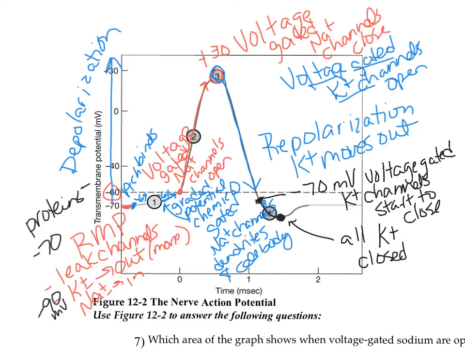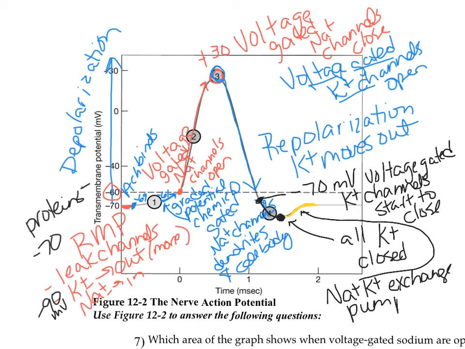Now, though, we see that that charge starts to come back up to resting again. So what causes it to come back to resting? Right. So this is where it comes back to resting because of the sodium-potassium exchange pump and the leak channels.